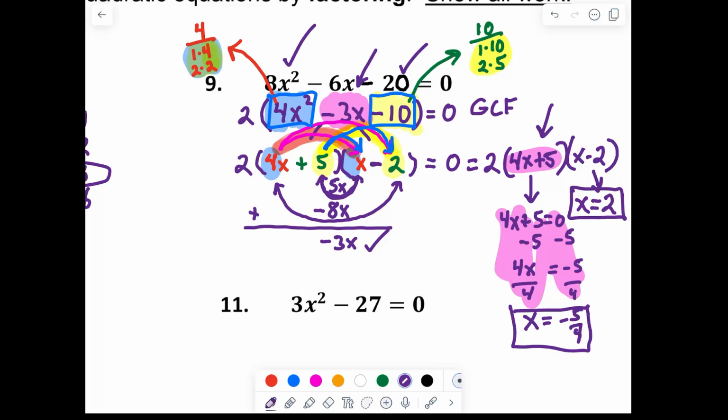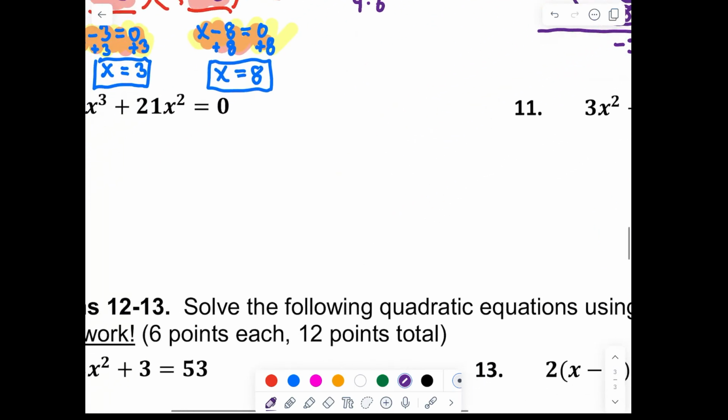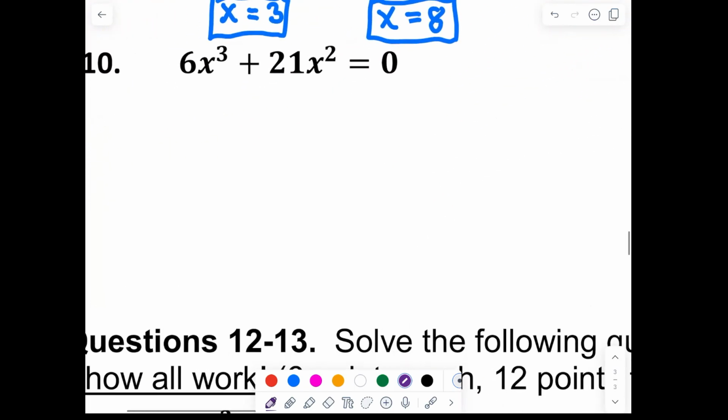And that is one of my solutions. Okay, the other one we already know. And you think, okay, what makes x minus 2 equal to 0? Oh, that's right. That was just a one-step equation. And that would be if x equaled 2, just taking the opposite. All right, so there's my second solution. That's my two solutions right there.